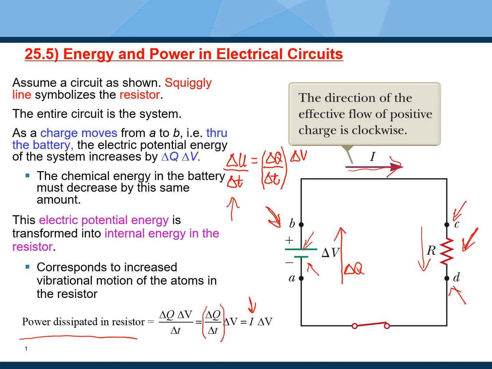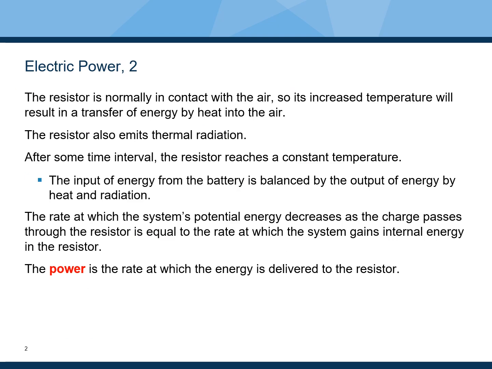So at a very zeroth level, we can think of many devices that we connect across the outlet as being analogous to resistors. So let's go ahead and understand that the power is in fact the rate at which energy is delivered to the resistor, and that is the energy that is given back to us by the resistor in terms of some useful work.